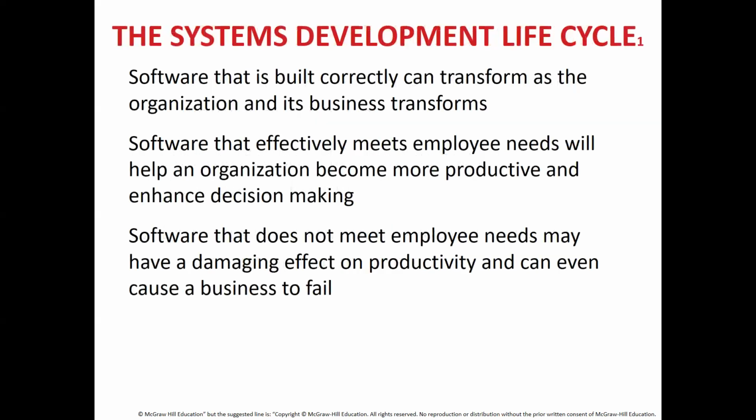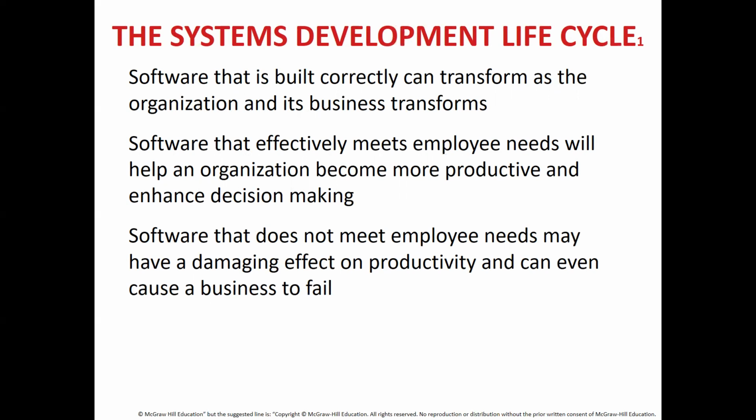Now, the systems development life cycle. Software that is built correctly can transform as the organization and its business transforms. Software that effectively meets employee needs will help an organization become more productive and enhance decision-making.